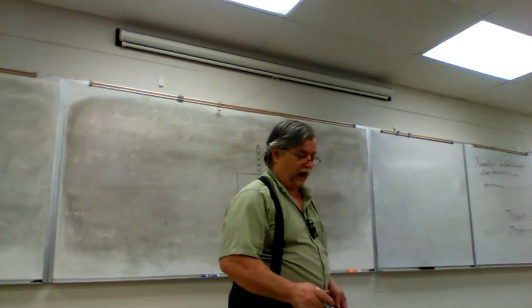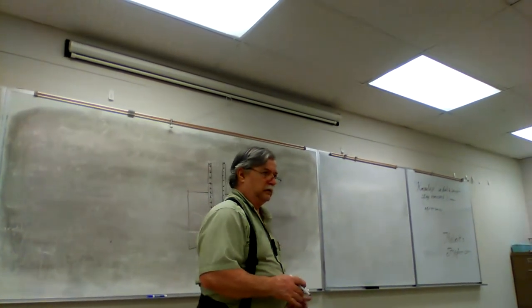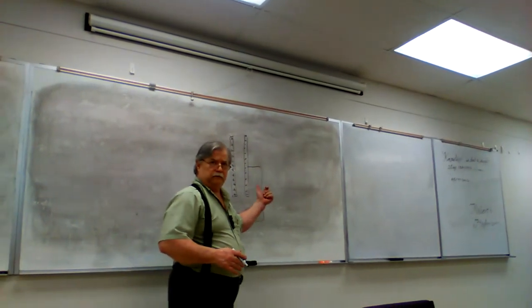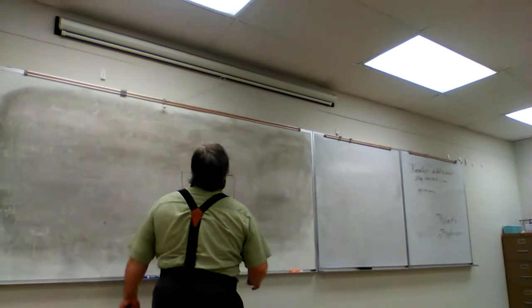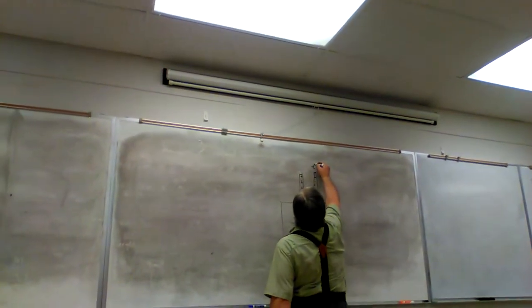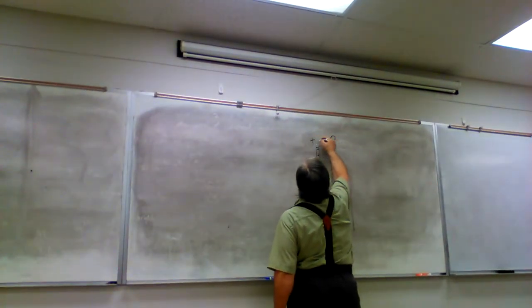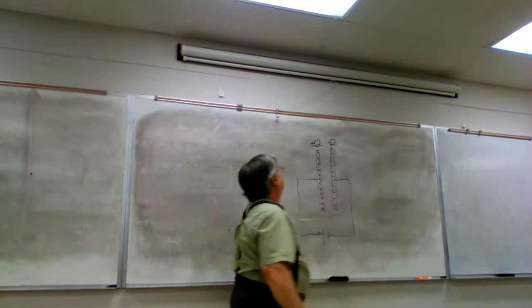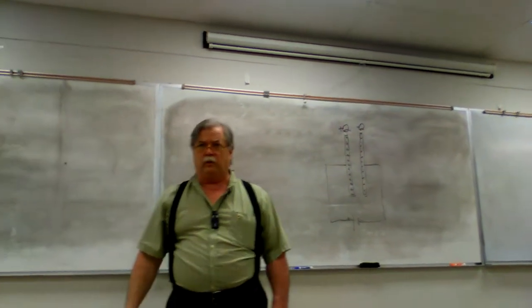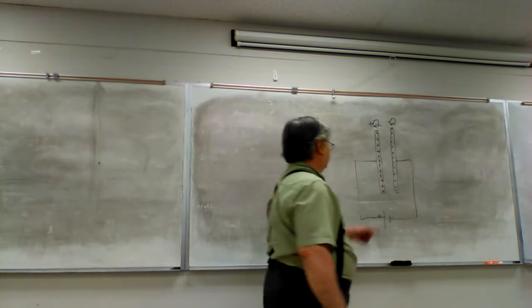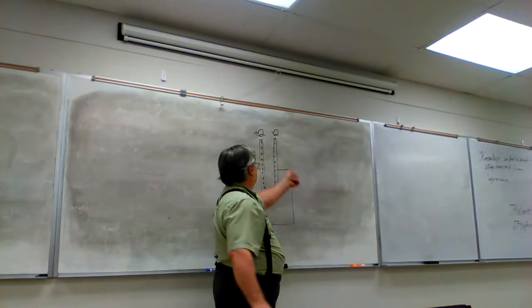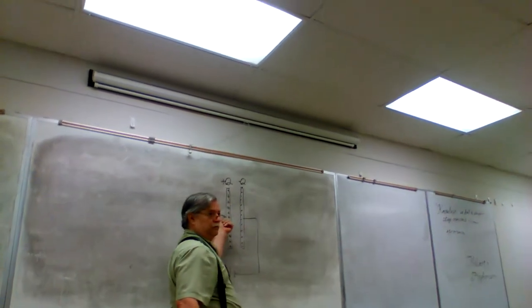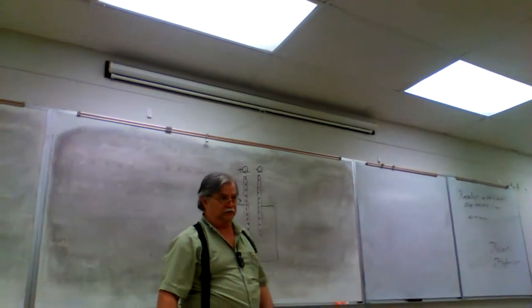Now, the question is, how much charge is going to be put there? Minus Q coulombs of electrons on this side, plus Q coulombs of positive charge on this side.